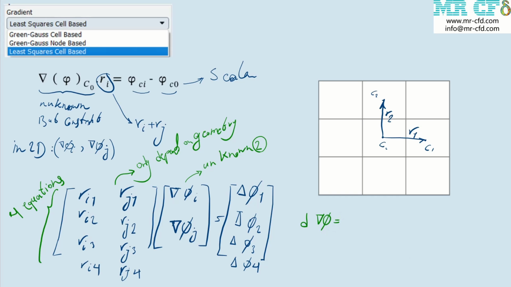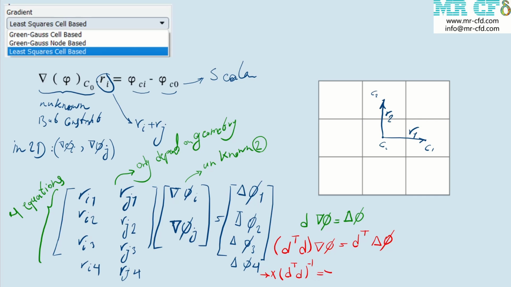This is done by arranging the system in the form D nabla phi is equal to delta phi, where D is not a square matrix. The approach involves multiplying both sides by the transpose of D to obtain a square system. D transpose D is a square matrix, and we can multiply both sides of the equation by the inverse of it.